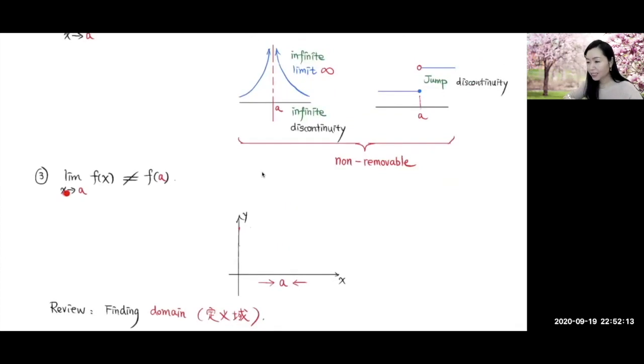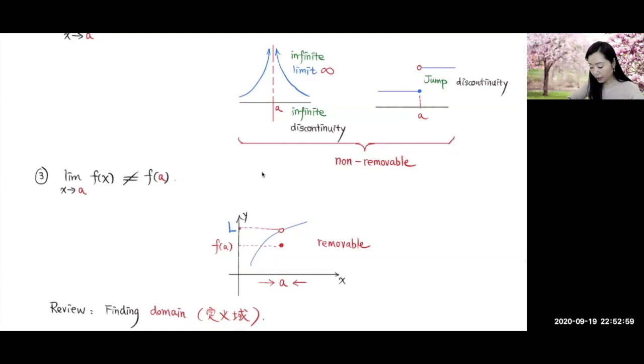In this third case, the limit exists and f of a also exists, but they don't equal each other. Then we have a discontinuity at a. Take a look at this example. You see this function is defined at a. f of a is defined to be this value over here. The limit as x approaches a from both sides also exists and equals this other number.